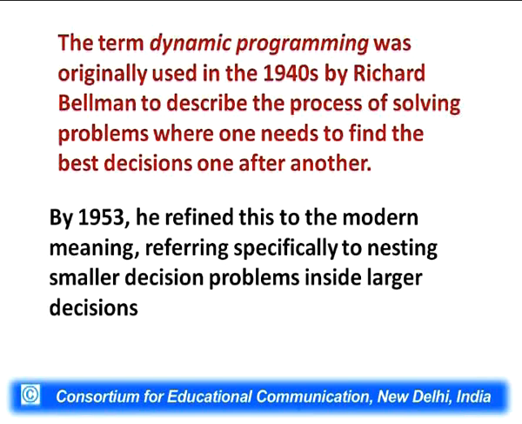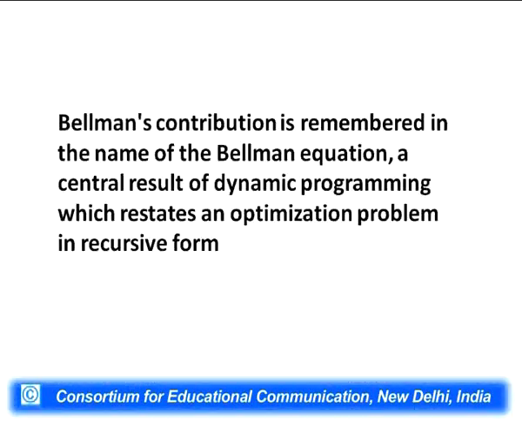The big decision is formed by adding up all the smaller decisions, and these smaller decisions relate to the segments of different problem areas. Bellman's contribution is remembered in the name of the Bellman equation.